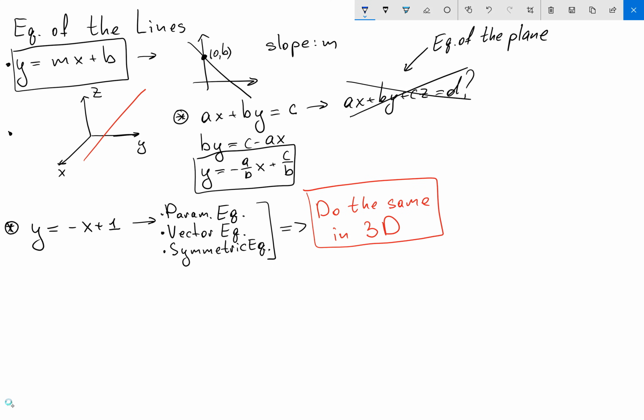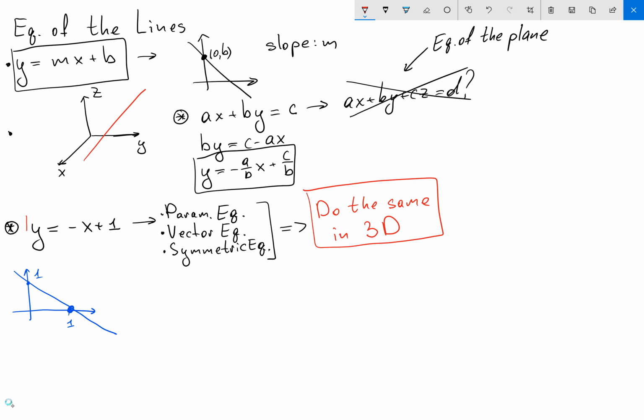Okay, so first thing, let's graph our line. I can see when x equals 0, I will have 1. When y equals 0, x is 1. When x equals 0, y is 1. So I have these 2 points, so this is my line.